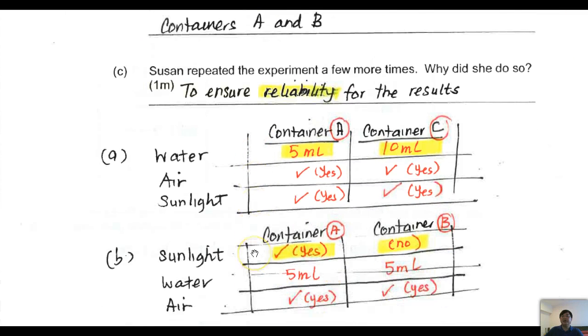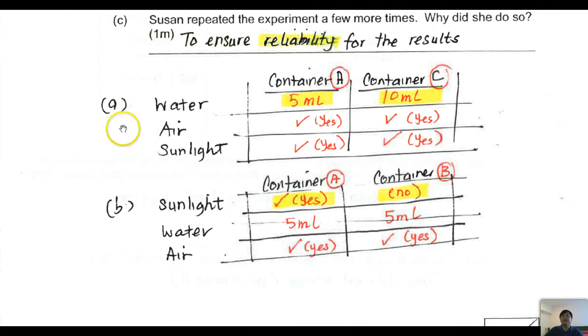Okay, now probably to explain further, for question A and question B, it simply means this way. Water, to test whether the amount of water should affect, it will be like this. Okay, this got to be smaller amount, and this one here, this has more. Okay, but other conditions must be the same. All right, do not move them.